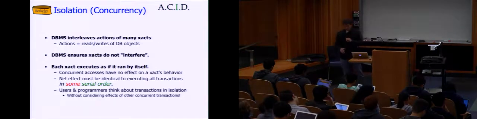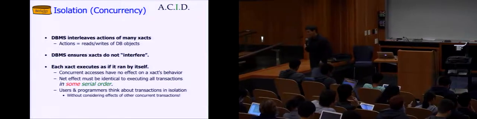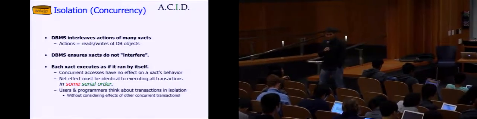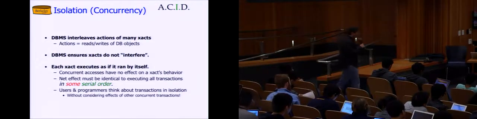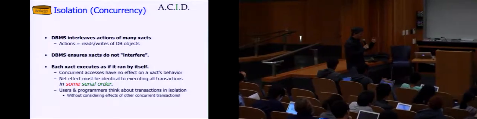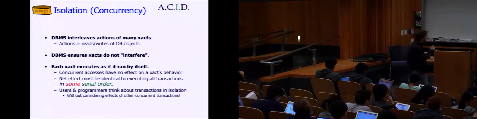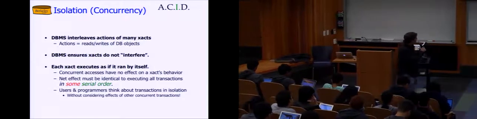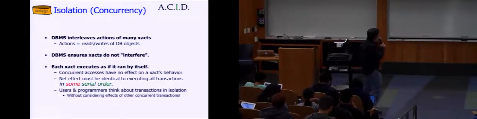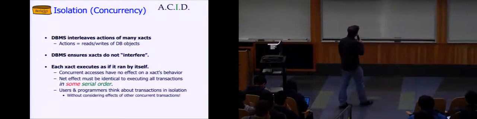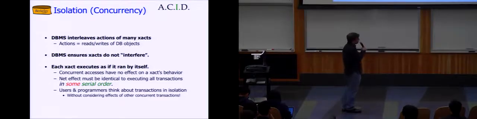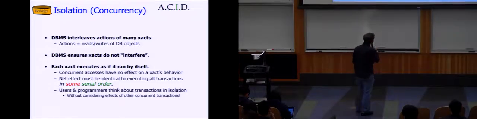Okay, so the mechanisms for isolation are mechanisms of concurrency control, mechanisms to control the degree of concurrency across transactions. So database systems are going to allow transactions to interleave the actions of many transactions. An action from the database's perspective is a read or a write of an object.